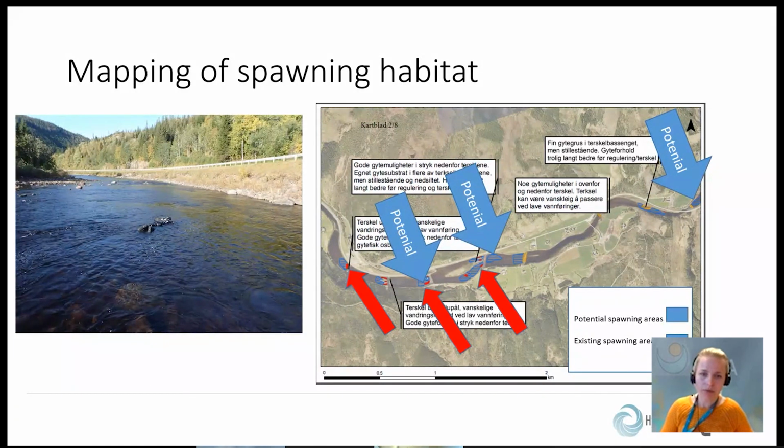Sorry, the figure on the side has some wrong colors. Within these weirs, the water is standing quite still, and most river species are adapted to a more fast-flowing water current, so it's not their ideal habitat.